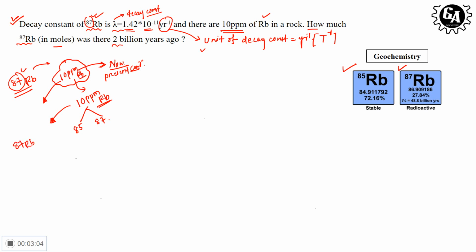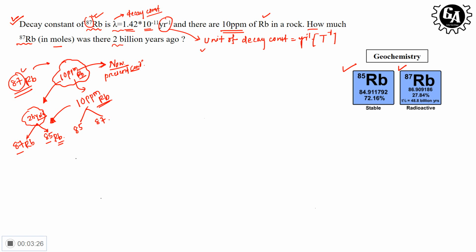Before 2 billion years, this is that rock, a 2 billion year old rock. In this rock there must have been some rubidium, some 85 and some 87, isn't it?